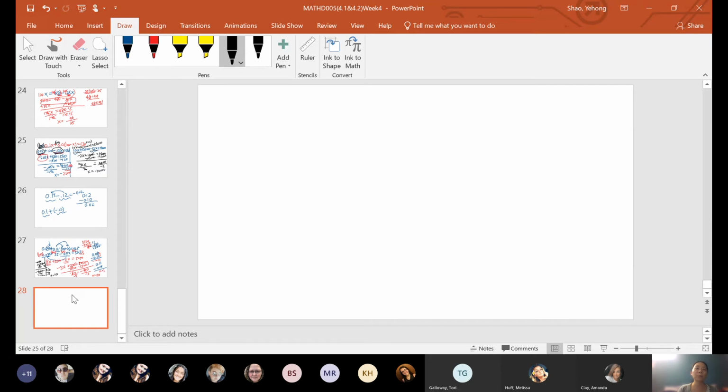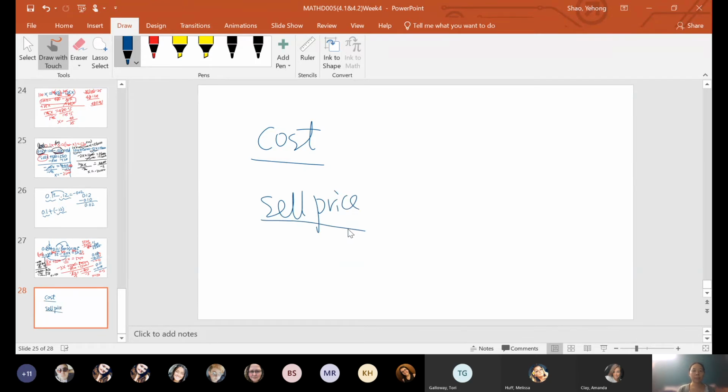So there will be two different prices. One is the cost. You buy something from somebody, it costs you this much money, and this is the cost. Then you want to sell it again to make money, of course, and you have a sale price. You need to determine how much you should sell it for. Usually you have a goal in mind because you want to cover the shipping, the time you spend, and all those things.